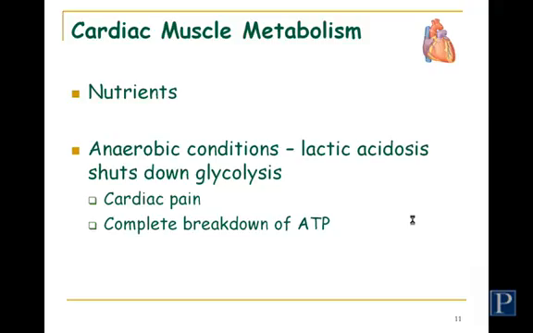And remember, it wants to work aerobically all the time. If the cardiac muscle starts to work anaerobically, it's not getting enough blood flow, not getting enough oxygen, it will start producing lactic acid. And the production of lactic acid locally in the cardiac muscle is going to start shutting down pathways. It denatures enzymes, glycolysis.